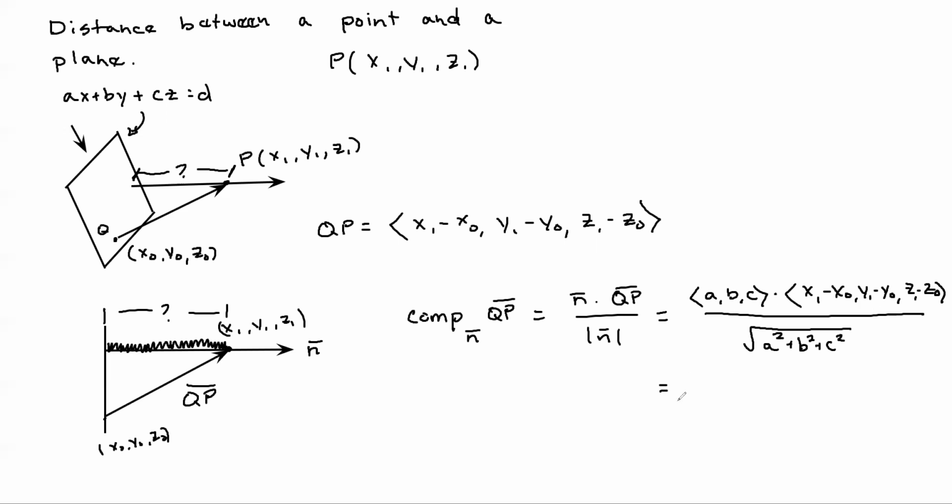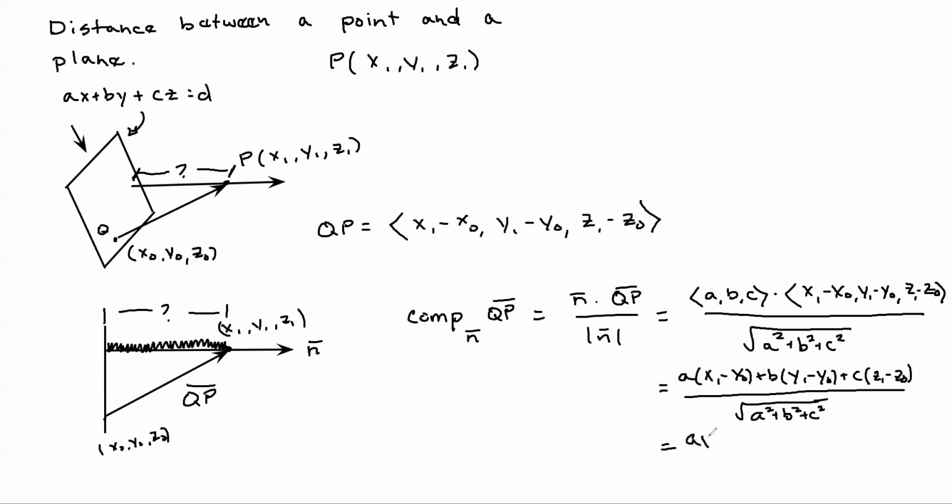And if you calculate this dot product, it's going to be A times X1 minus X naught plus B times Y1 minus Y naught plus C times Z1 minus Z naught, all over the square root of A squared plus B squared plus C squared. And then if you went through and distributed this, what's going to happen?